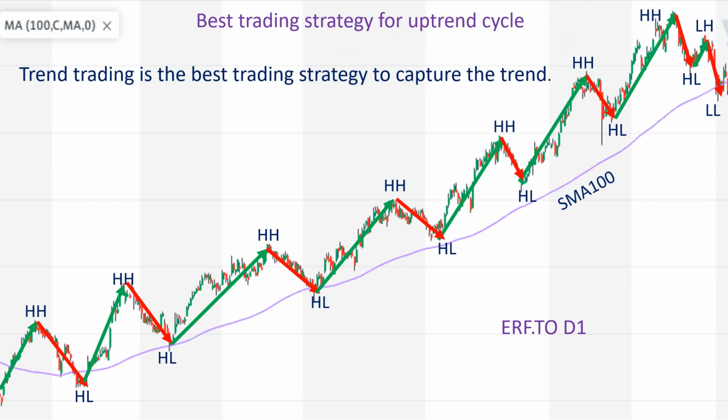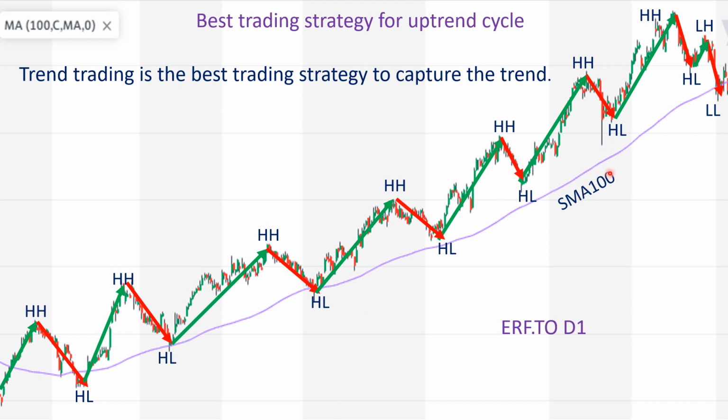So now I'm going to show you exactly the procedure to enter this trend. Trend trading is the best trading strategy to capture the trend. The first requirement is to draw your market structure, like SMA 100.